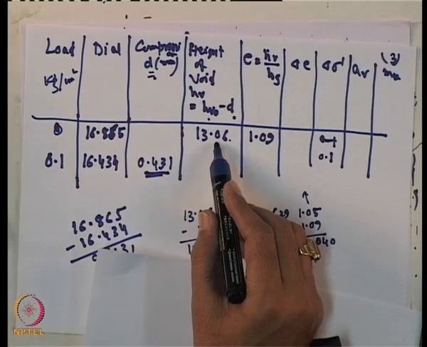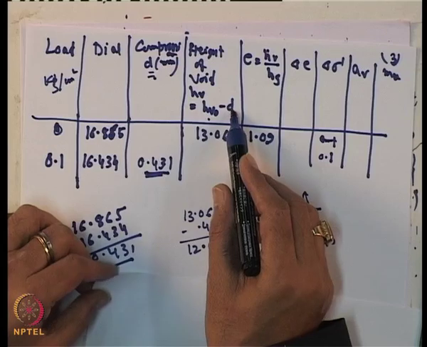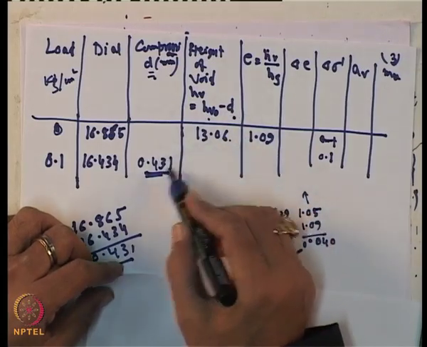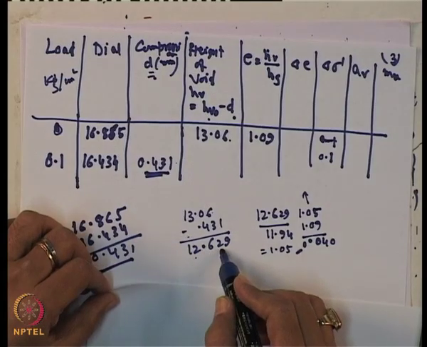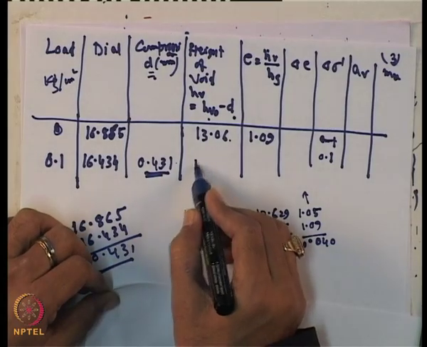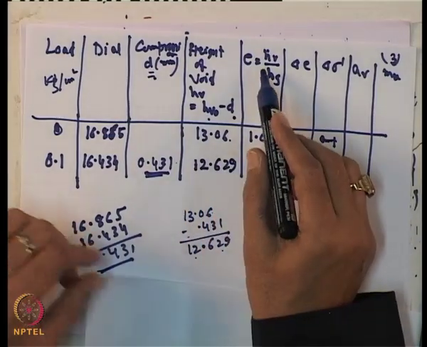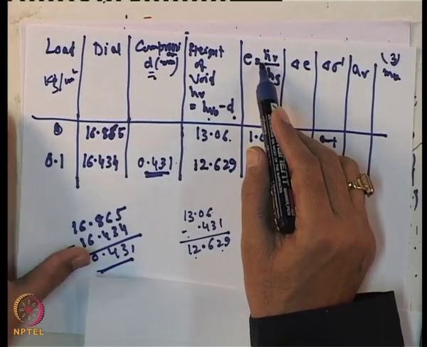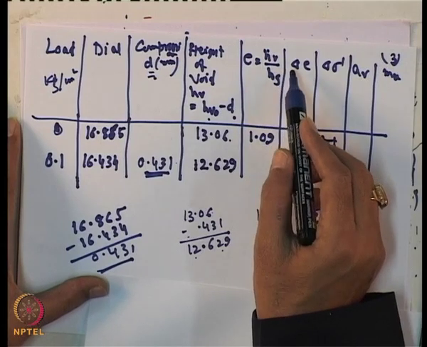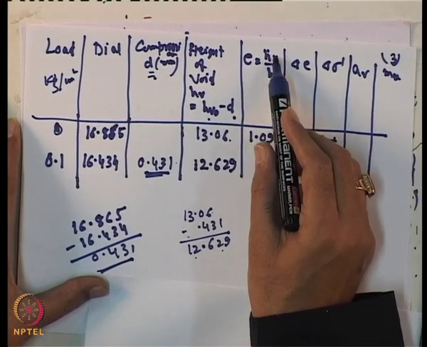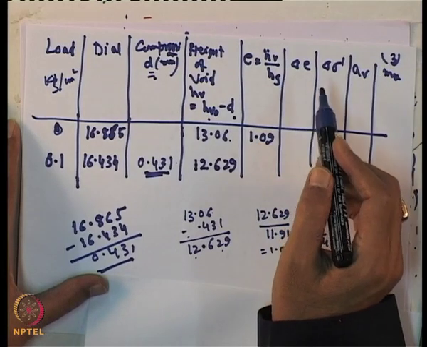So, HV0 is 13.06 as I showed you, minus D. So, 13.06 minus 0.431 means 12.629. So, we can write 12.629. Now, you calculate what will be the void ratio, that is E. Void ratio E is equal to height of void divided by height of solid.